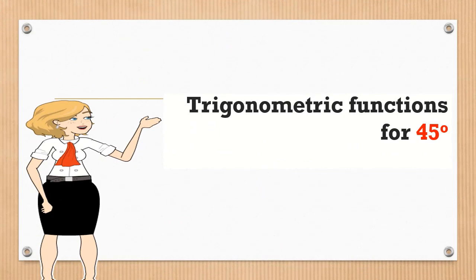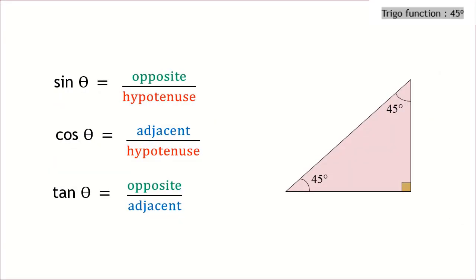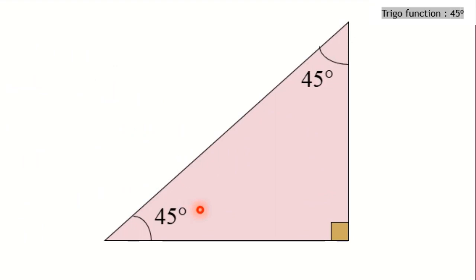Now we proceed to the trigonometric functions for 45 degrees. So we will have another right triangle here with angles of 45 degrees here and 45 degrees here, and here will be the 90 degrees.